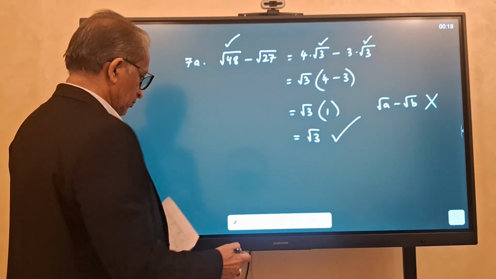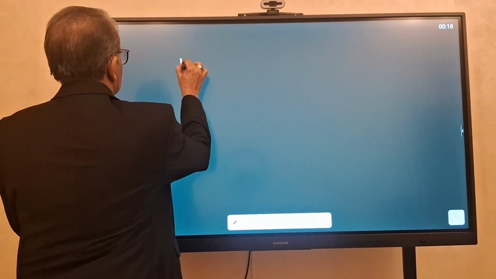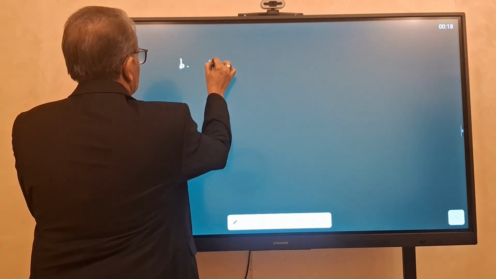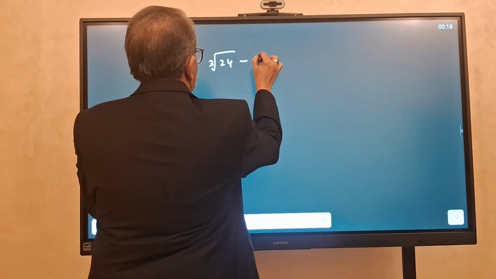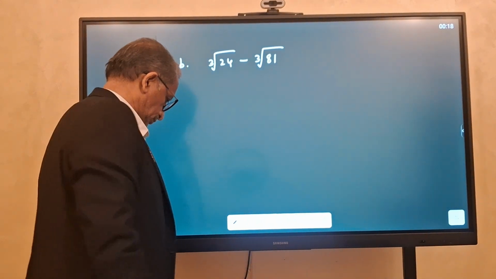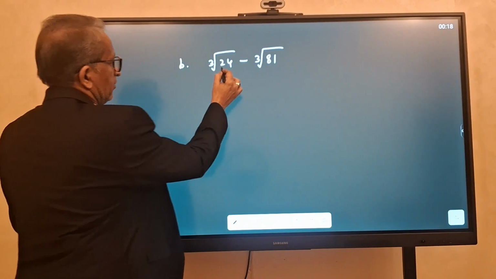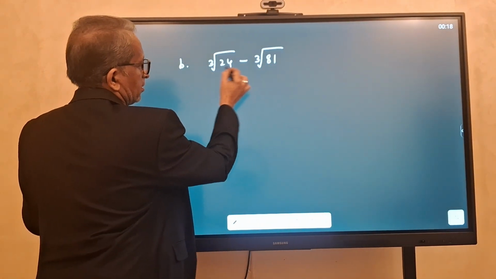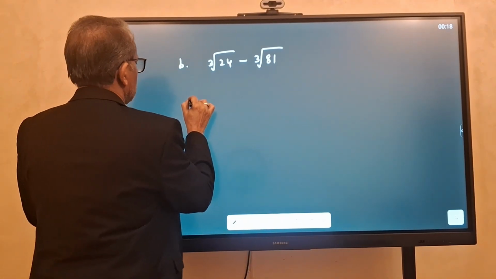Same thing, B also: 3 root 24 minus 3 root 81. They are different bases. Therefore, I cannot do subtraction directly.